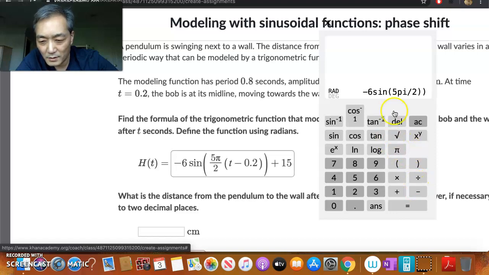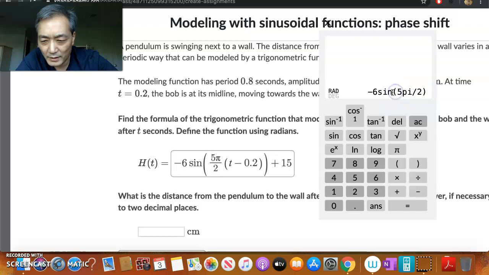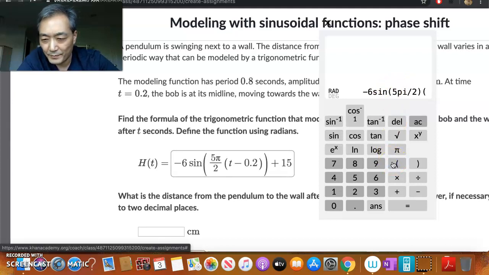Okay, and now we're going to need another set of parentheses. So can I stick another set in here? I don't think so, right? I'm going to do it again.